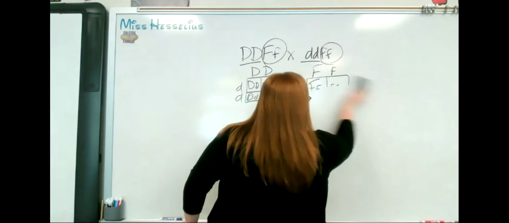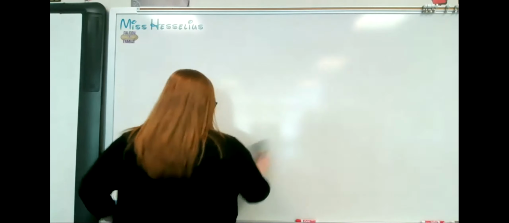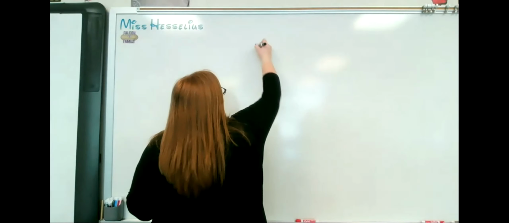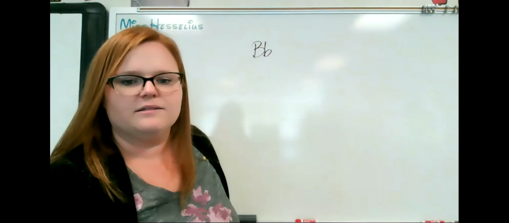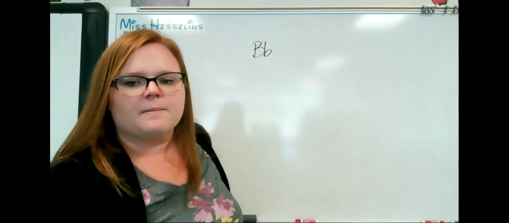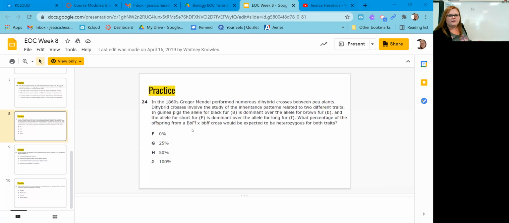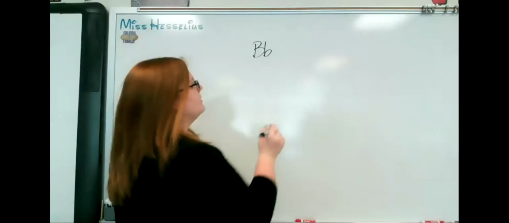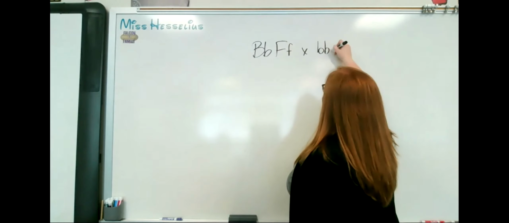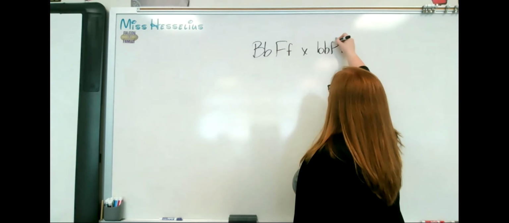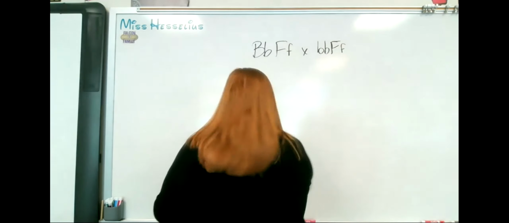So we're crossing one parent who's heterozygous. Didn't use F's, I forgot. Yeah, okay, sorry about that. And then a parent who's homozygous recessive for both.